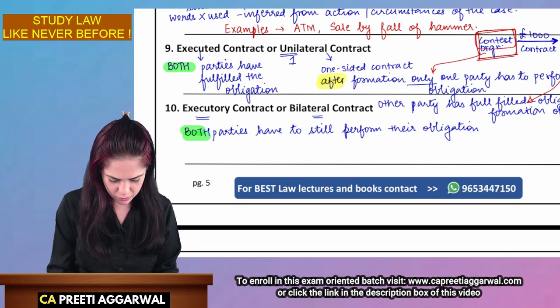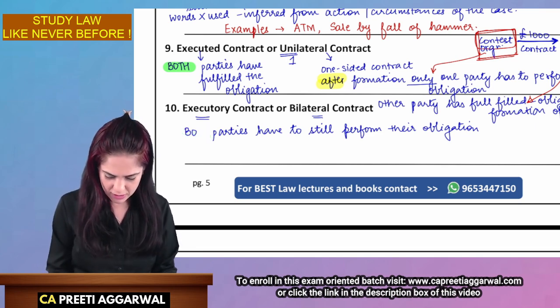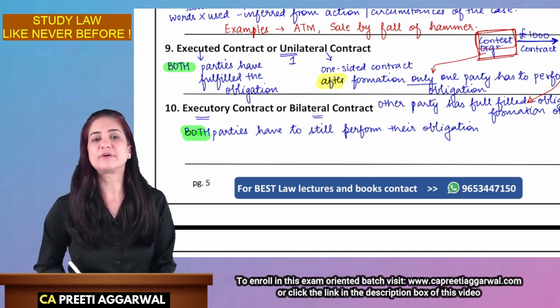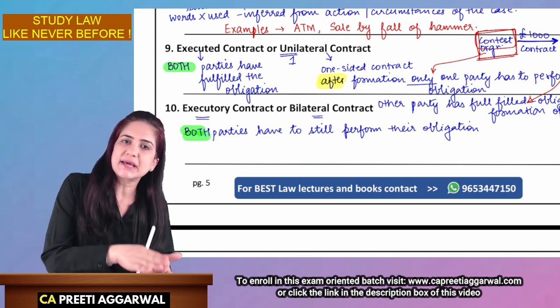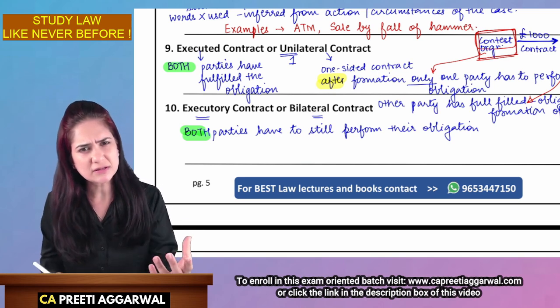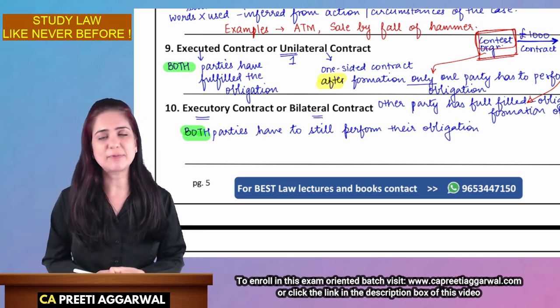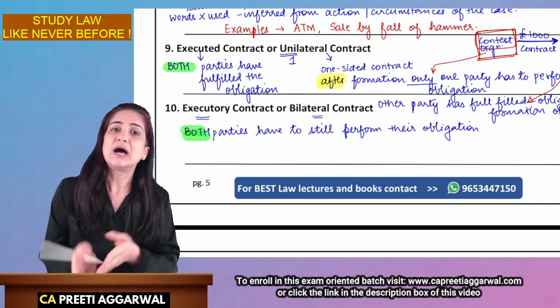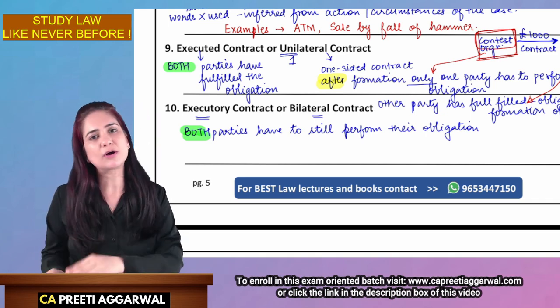This is known as bilateral contract. Both have to still perform. You can call it either executory or bilateral. Executory means something remains to be done. Both the parties have to still perform their obligation.